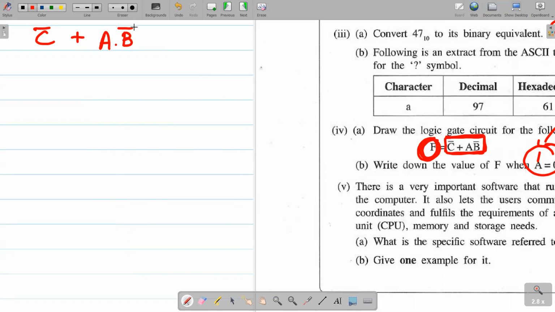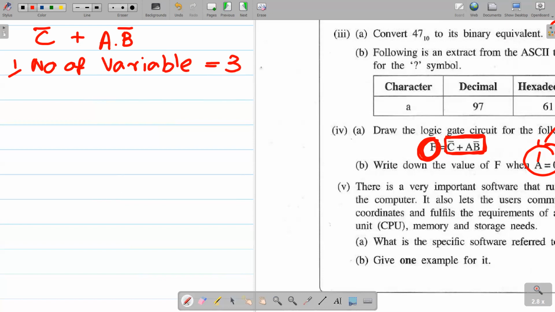So when you are drawing a circuit, the first thing that you have to determine is the number of inputs, or here the number of variables.